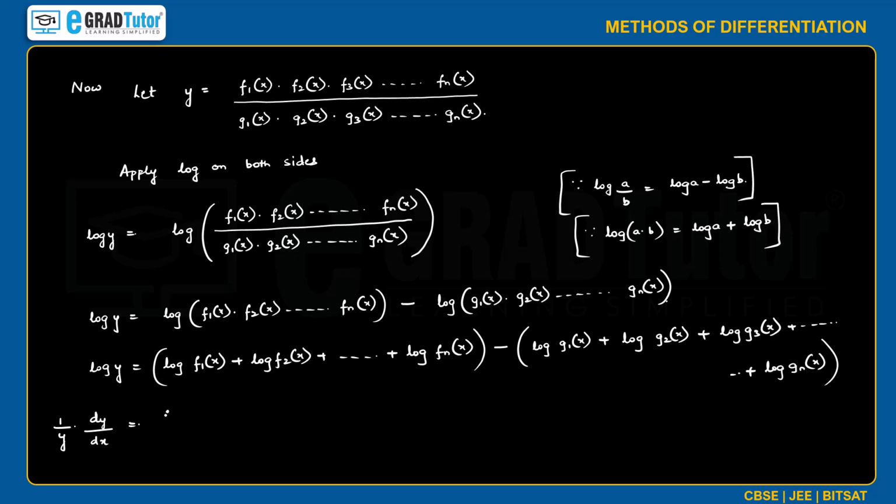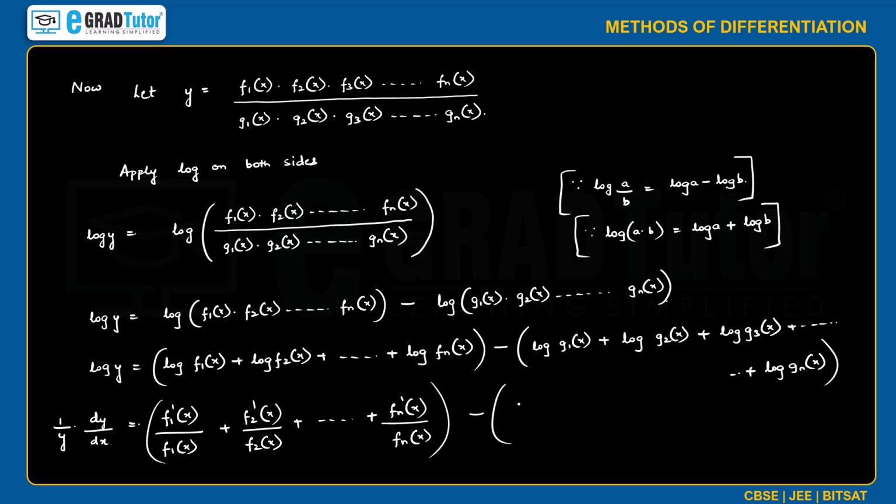We get f1 dash of x by f1x plus f2 dash of x by f2x plus so on plus fn dash of x by fnx, minus g1 dash of x by g1x plus g2 dash of x by g2x plus so on plus gn dash of x by gnx.